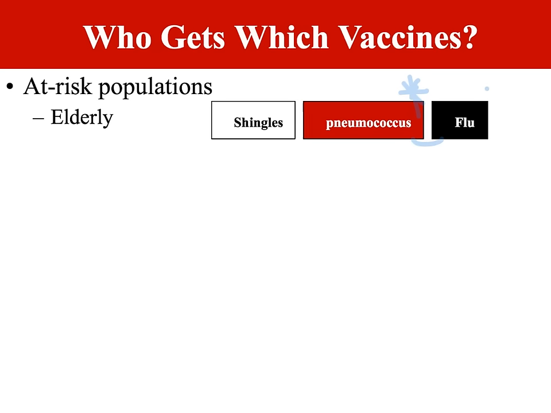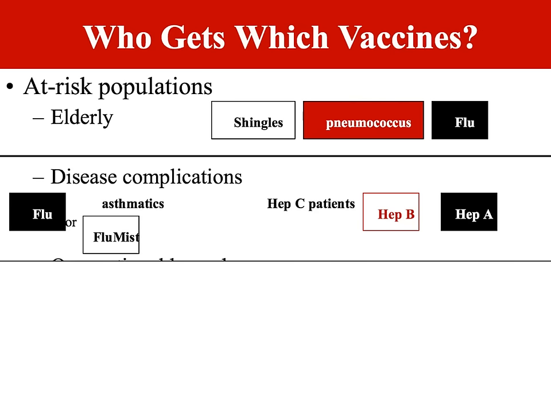In addition to that, shingles are common in that population, and that goes back to that idea, if you can prevent it or lower its duration or lower its severity, that's a critically important thing to do. Another group to be careful of are those with disease complications. The most classic examples to discuss here are asthmatics and hepatitis C patients.